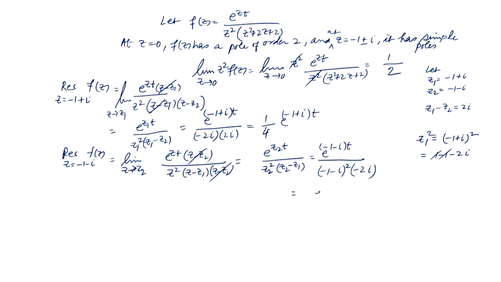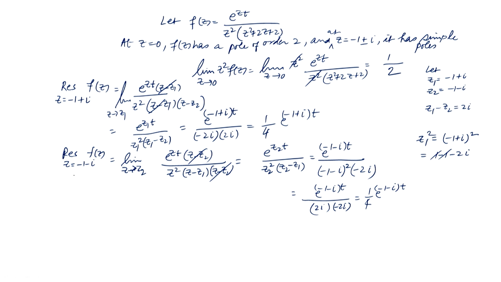So this is e to the power (minus 1 minus i) t over this (1 plus i) whole squared, so 2i into minus 2i, and what we get is 1 by 4 e to the power (minus 1 minus i) t. So we found the residue at z equal to minus 1 plus i and minus 1 minus i.